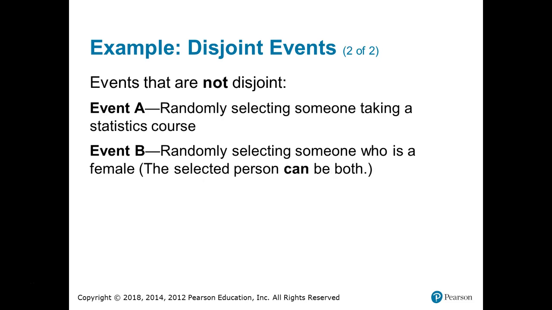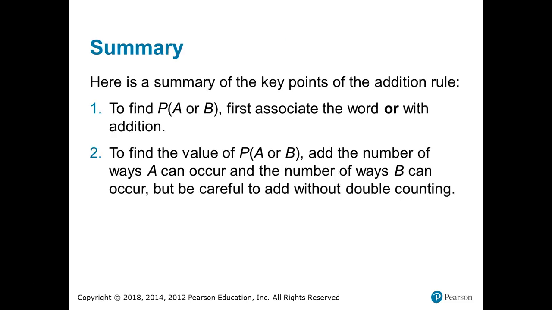And then an example of something that is not disjoint is event A would be randomly selecting someone taking a statistics course. Event B might be randomly selecting someone who is a female. The person can be both. So since those events can happen simultaneously, they are not disjoint. They are not mutually exclusive.